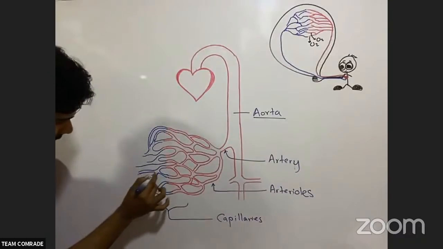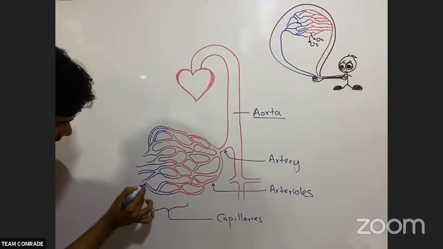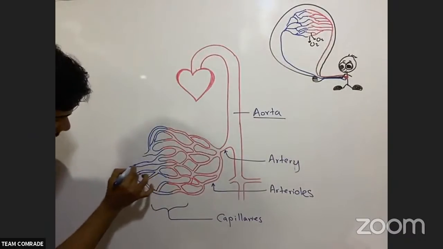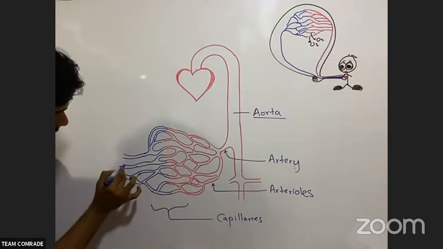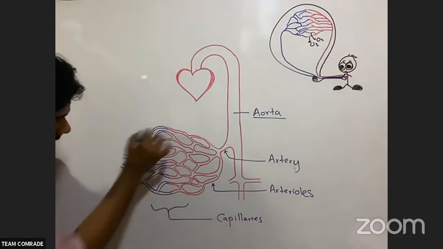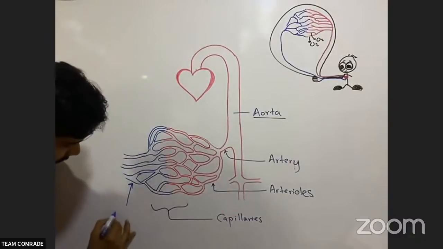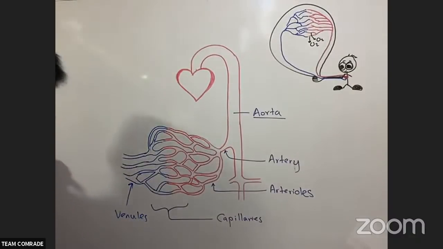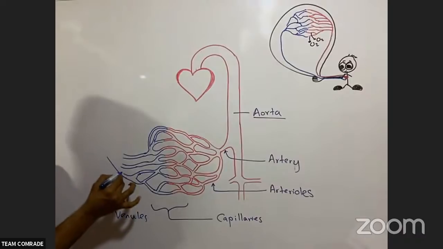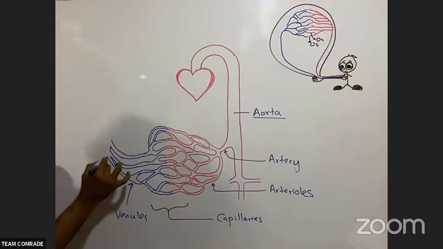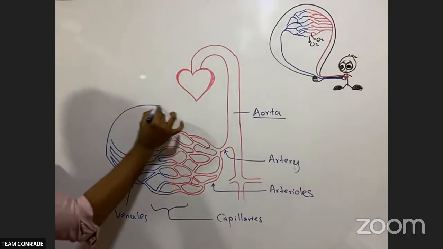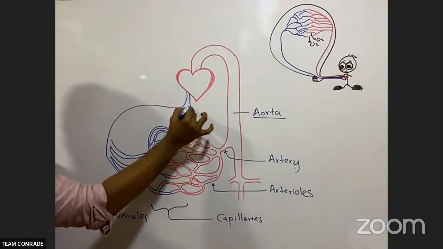So in these capillaries, things like this. So these are capillaries. This entire part we call capillaries. Now when it comes to here, this we call venules. And then these are getting entered into veins, and they go into the IVC.